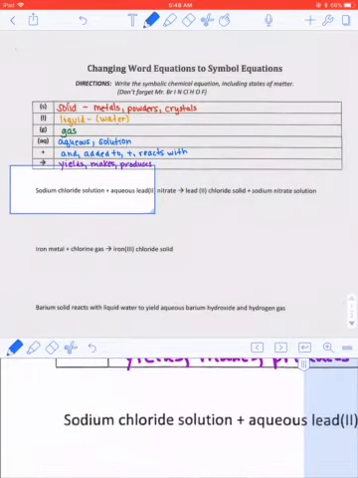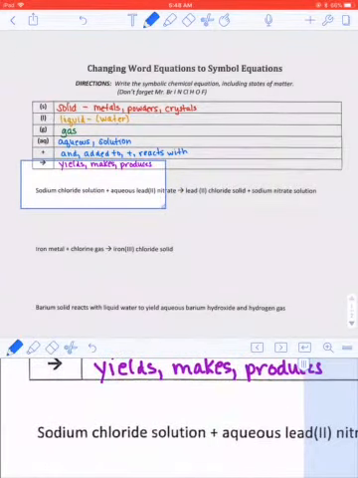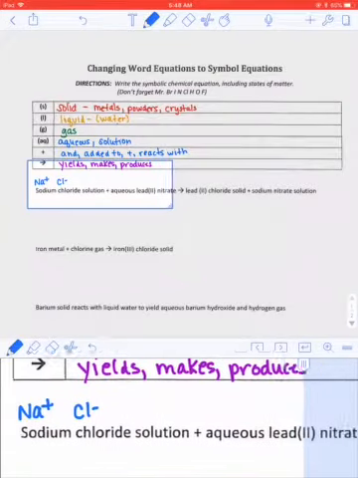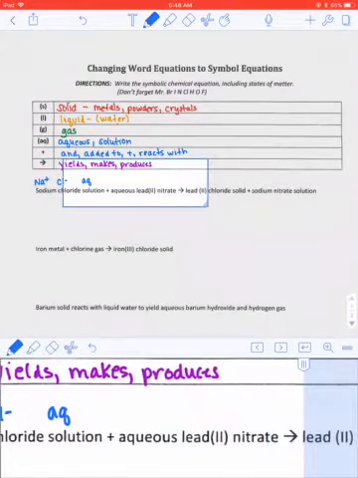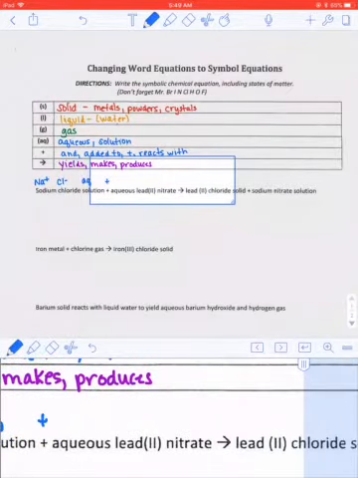So what I do first is I just kind of label everything here. Sodium chloride, I know that's Na plus, Cl minus. Aqueous sodium chloride solution, plus aqueous lead 2 nitrate.